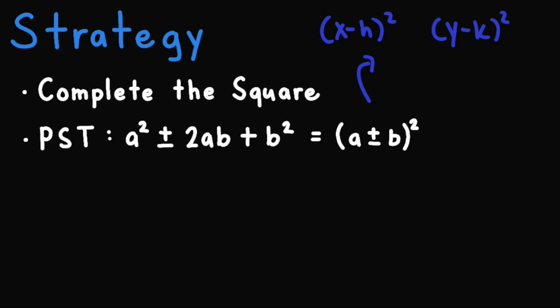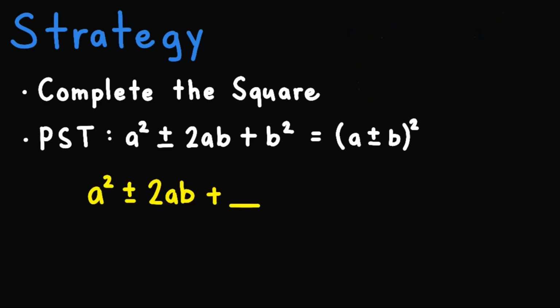So given this, let's now try to illustrate a little bit on how completing the square works. If you already know this, you may skip to the examples part of this video, as I'll probably put the timestamps in this video. So to illustrate, suppose we are given a squared plus minus 2ab plus, with the last term missing.